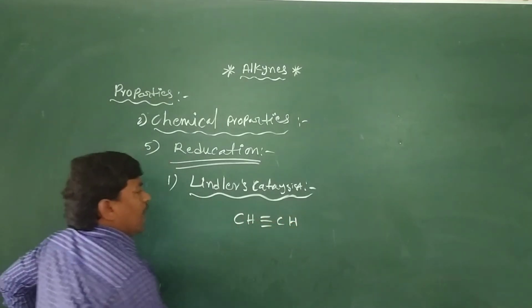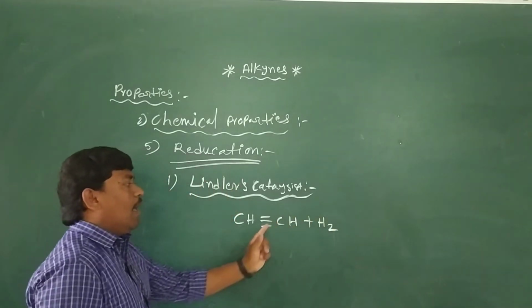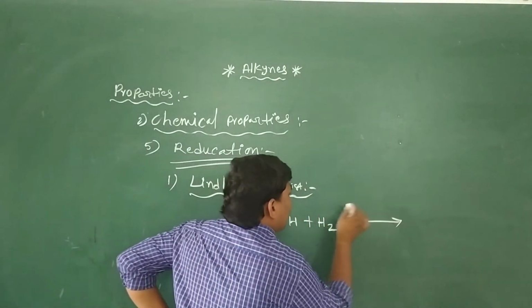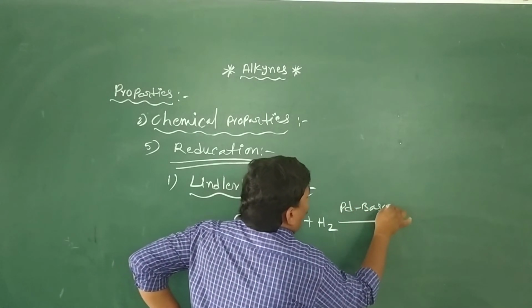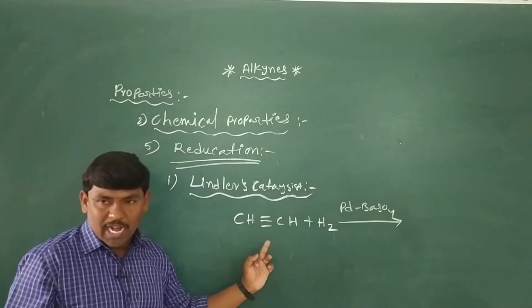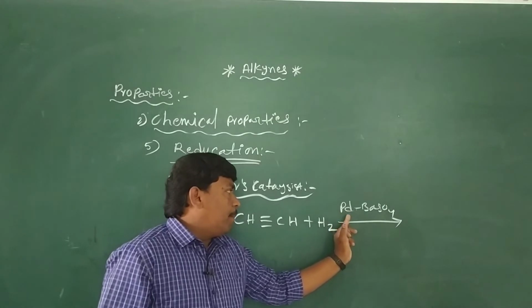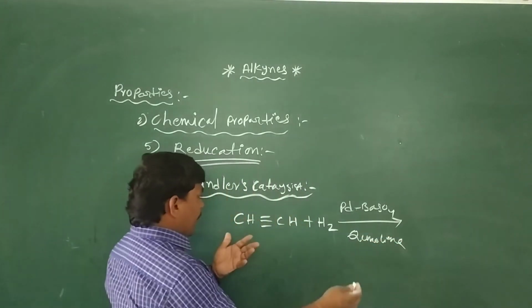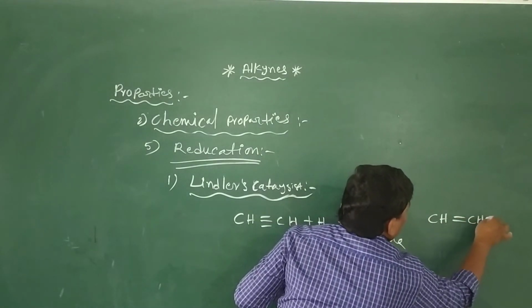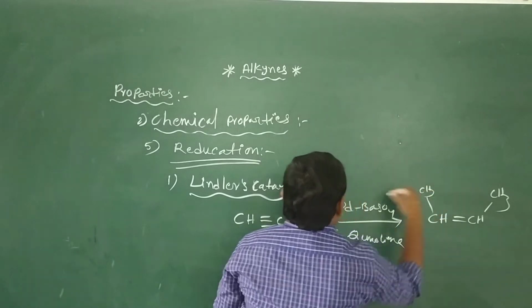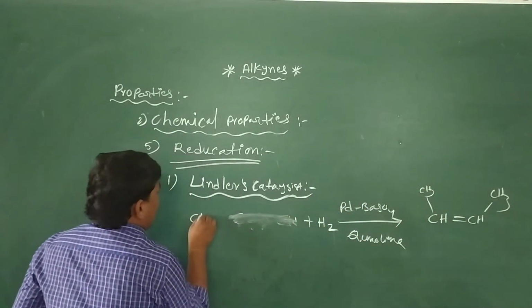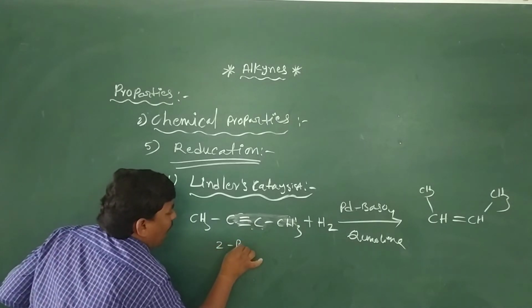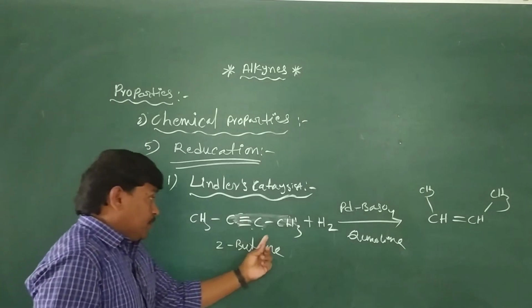Alkyne reduction with H2 molecule in the presence of Pd/BaSO4 and quinoline gives CH3-CH=CH-CH3 from CH3-C≡C-CH3, 2-butyne.